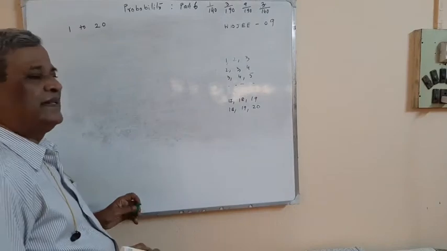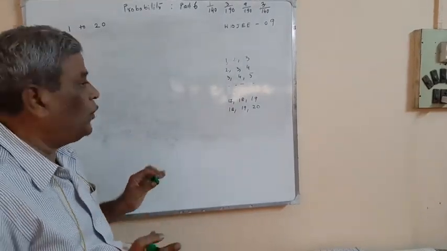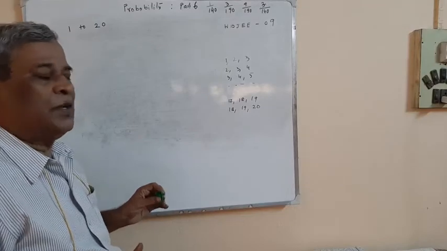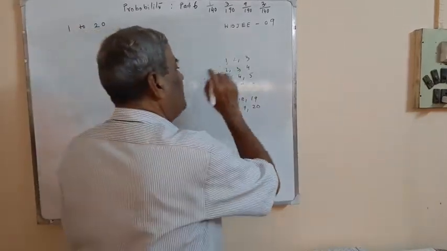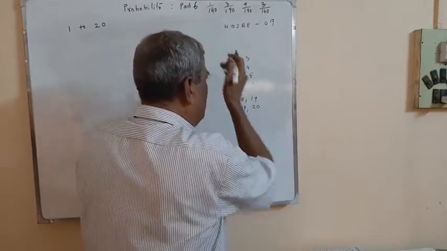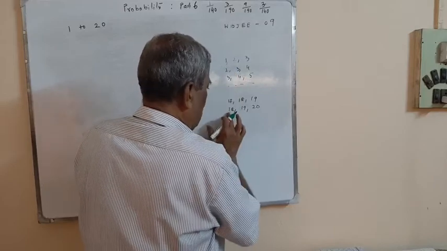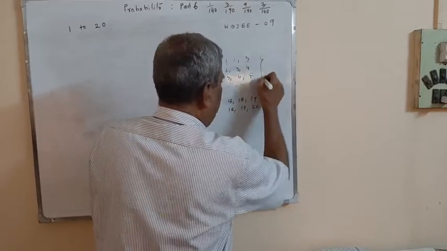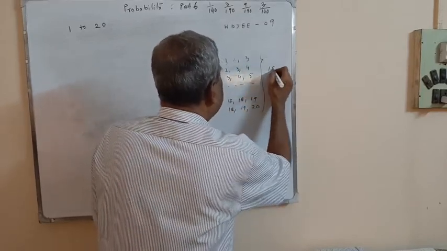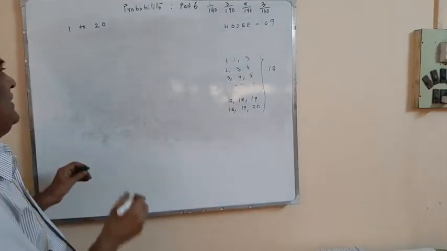No other selection is possible, because they would not be consecutive and within 1 to 20. The selections go from 1, 2, 3 up to 18, so there are 18 such selections as our favorable cases.